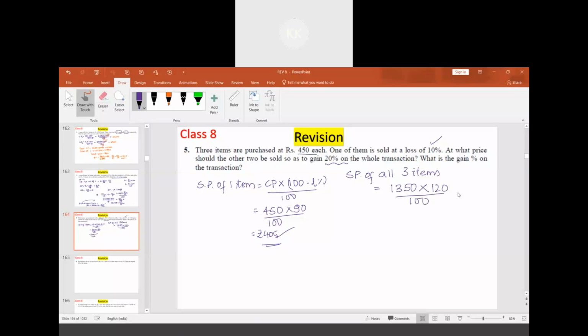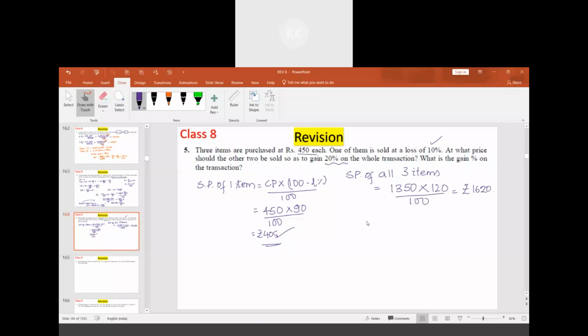We will be getting the selling price of all three items, which is 12 times 135, that is 1620. Then we can subtract the selling price of the first item from the selling price of all three items, so that we get the selling price of the remaining two items.